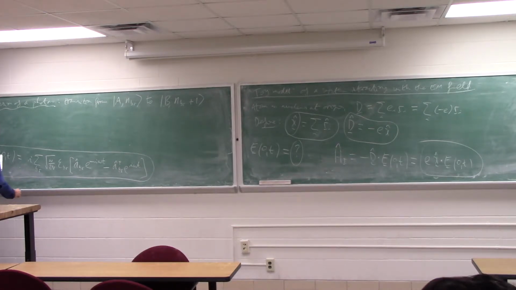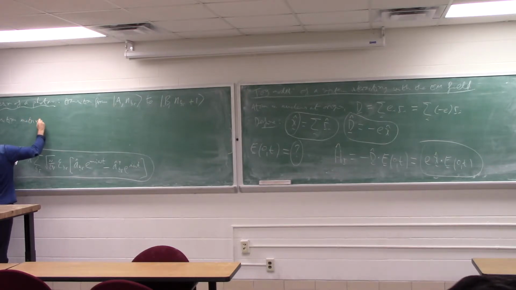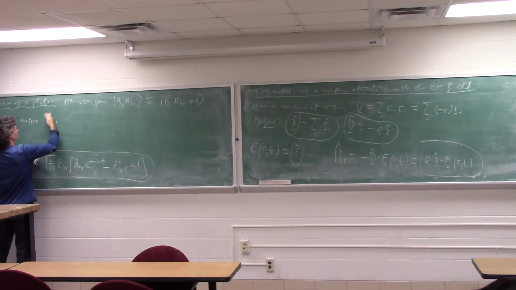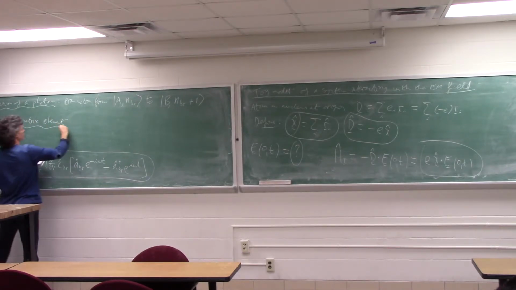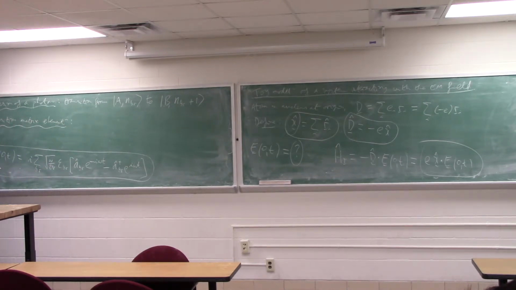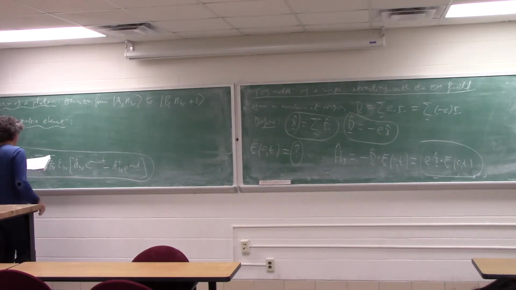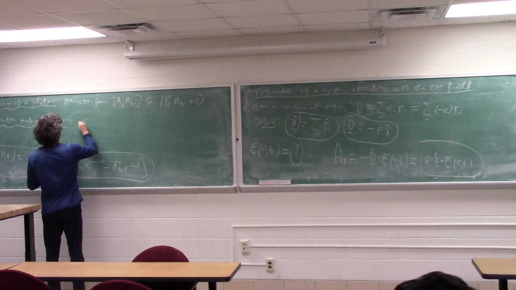So we need to consider the transition matrix element. As we'll see in a moment, the probability of this transition is related to the following matrix element.